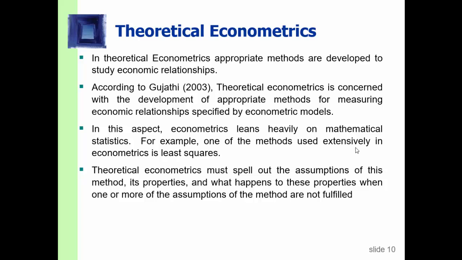In this aspect, econometrics leans heavily on mathematical statistics. For example, one of the methods used extensively in econometrics is the least square. Theoretical econometrics must spell out the assumptions of the model, this method, its properties, and what happens to these properties when one or more assumptions are not fulfilled.